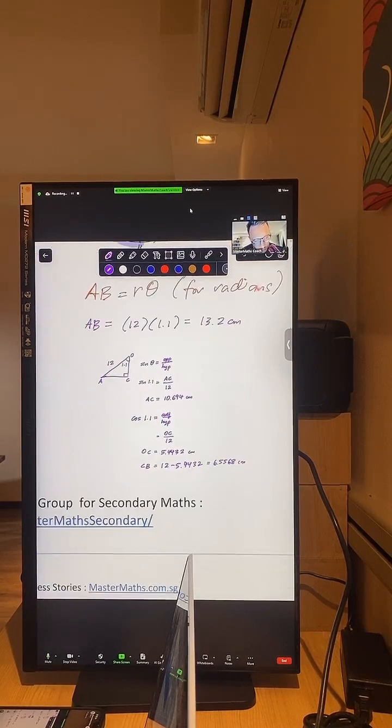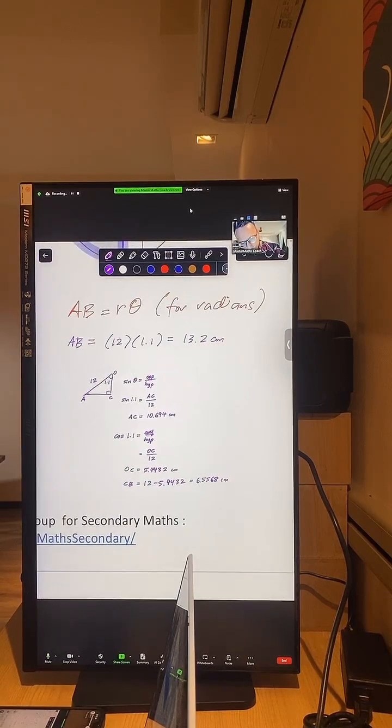Okay, so we have this, we have this, and we have this. These are the three sides of our shaded region. We add them together: 13.2 plus 10.694 plus 6.5568.